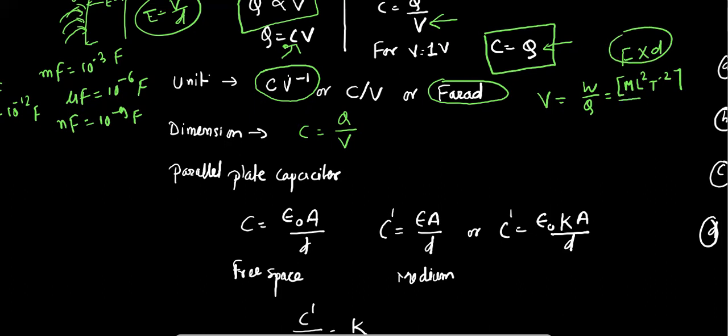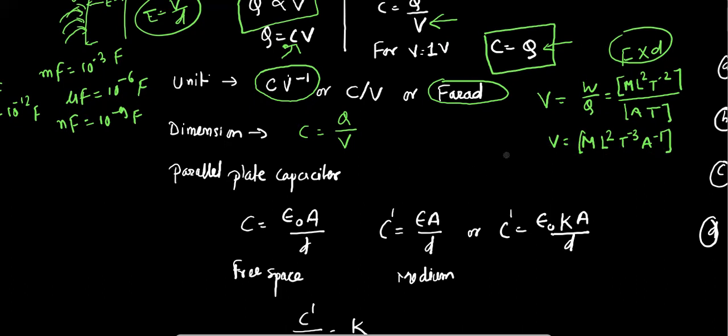And the dimension of charge is A times T, where A represents the ampere, the dimension of current. On solving this we get the dimension of potential as M L 2 T minus 3 A minus 1.